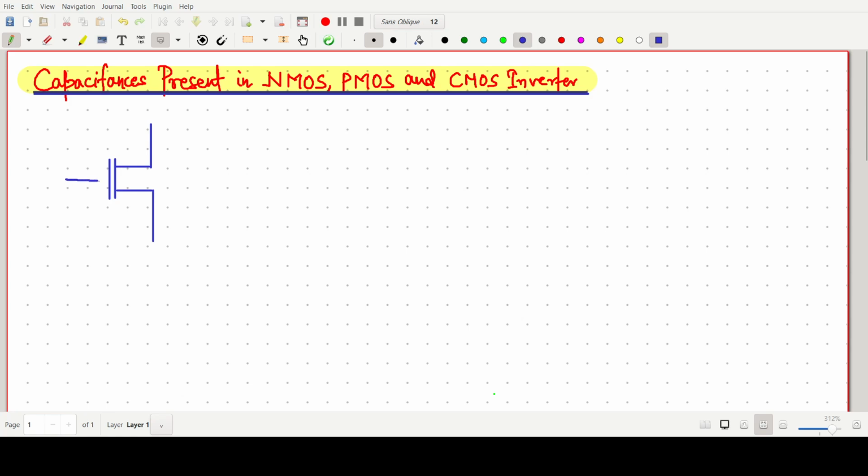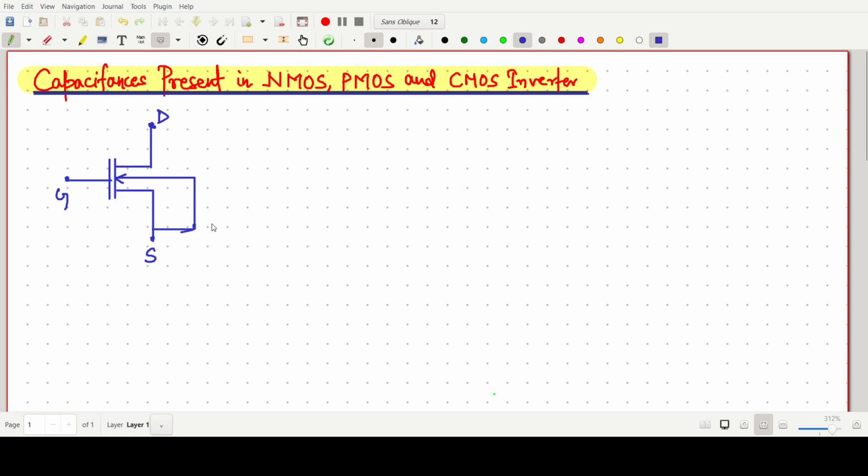This one is our NMOS, in which this one is our body terminal, and this one is our drain, gate, and source. Mainly this end is connected to source and this to bulk.